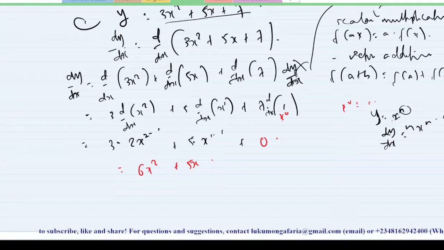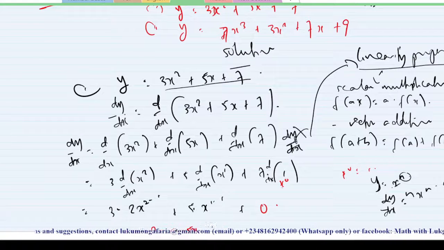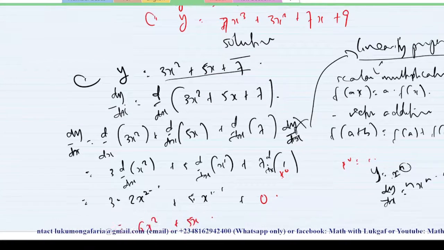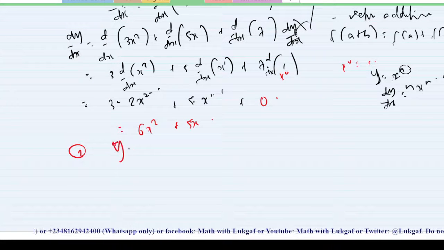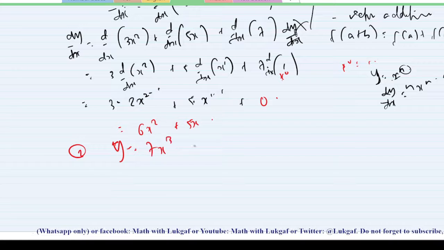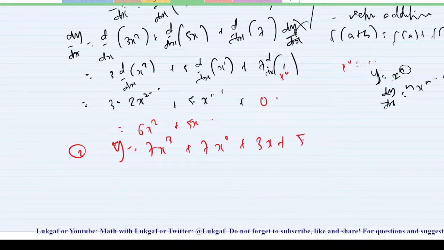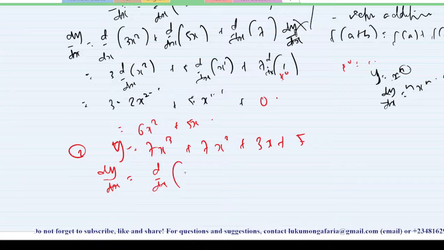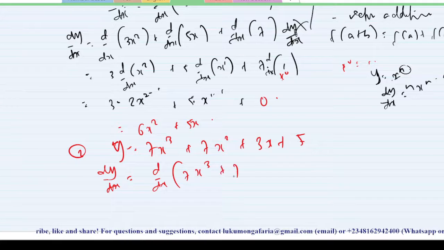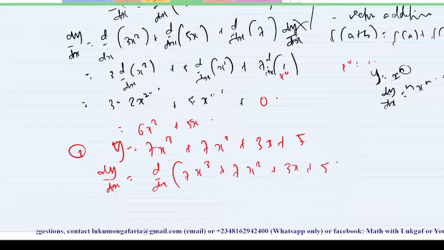Let us take the second example. Y is equal to 7x cubed plus 7x squared plus 3x plus 5, right? Then my dy/dx is going to be d/dx of my y. You put it here, 7x cubed plus 7x squared plus 3x plus 5.